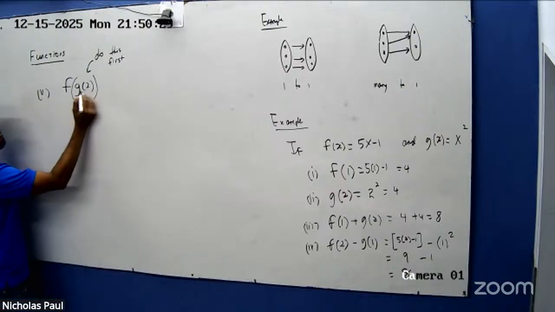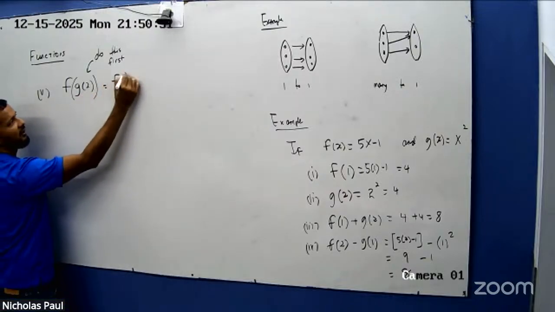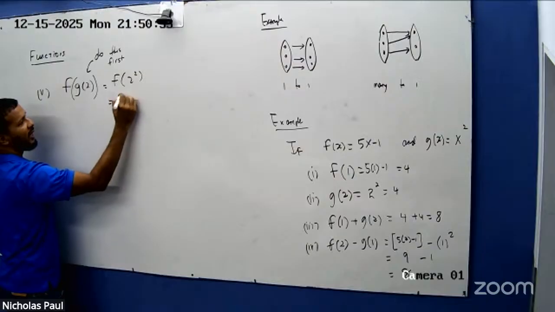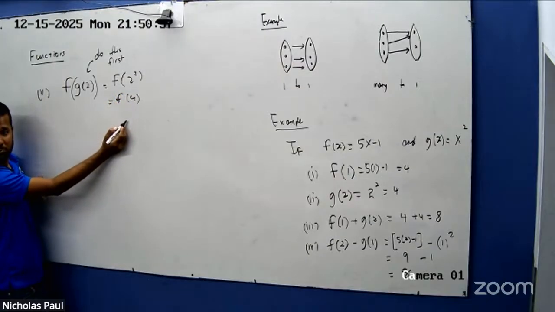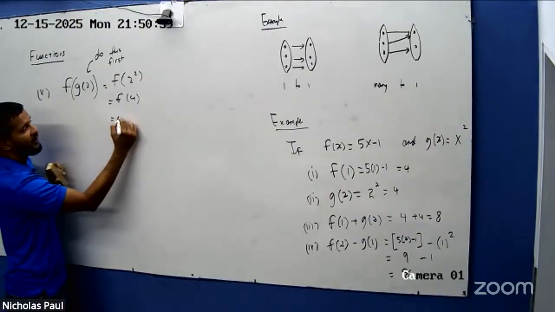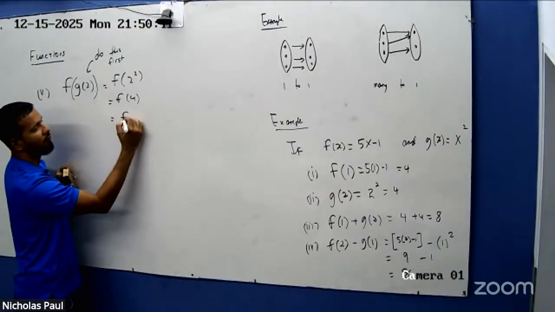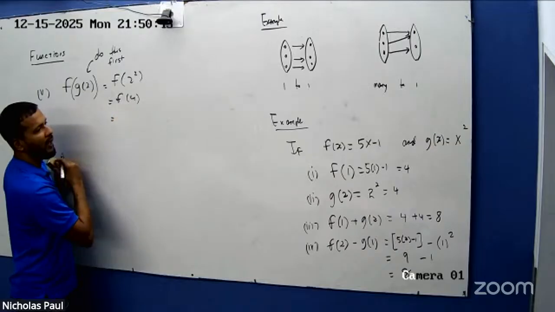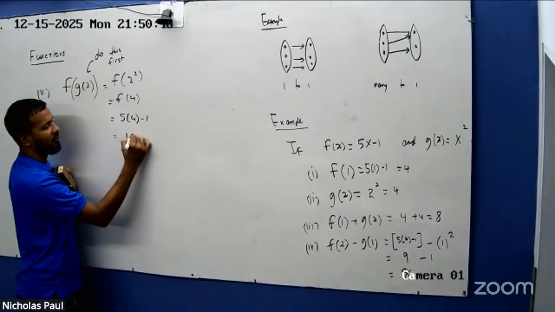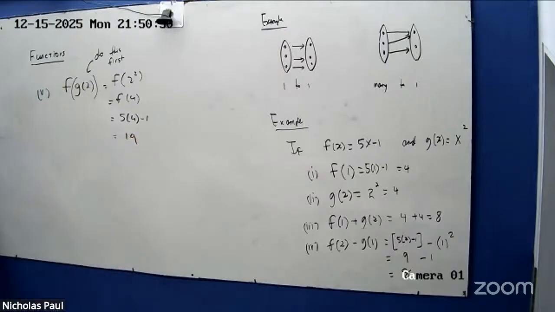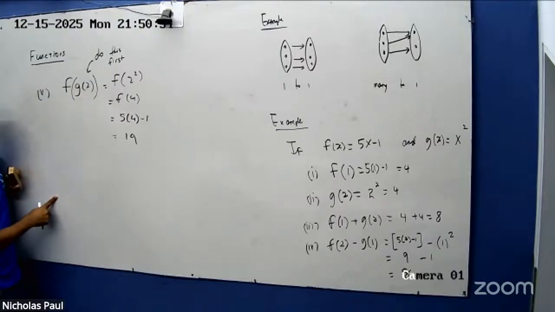So g of 2 is really 2 squared, so that's 4. Now we can find f of 4. f of 4 is 5 by 4 minus 1, which is 19. Whatever is in the brackets, we do it first.